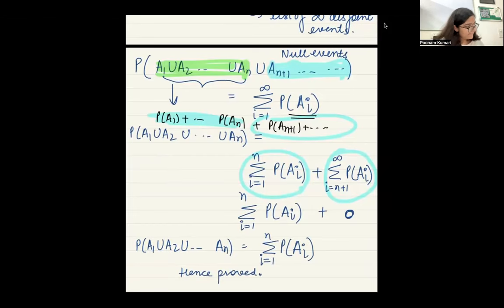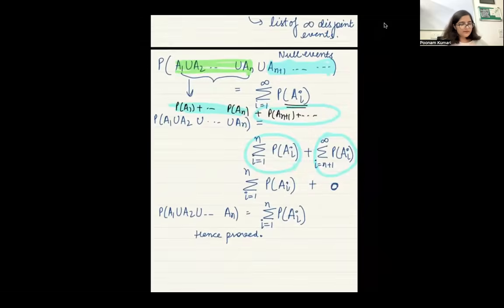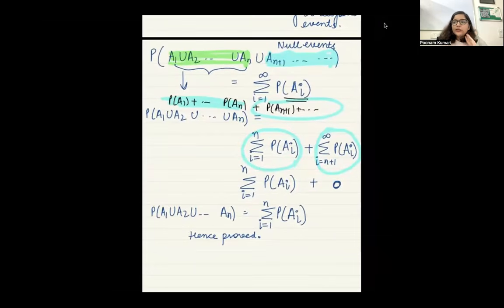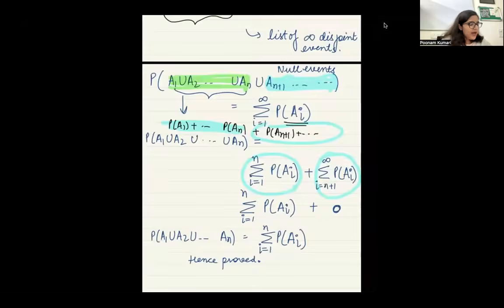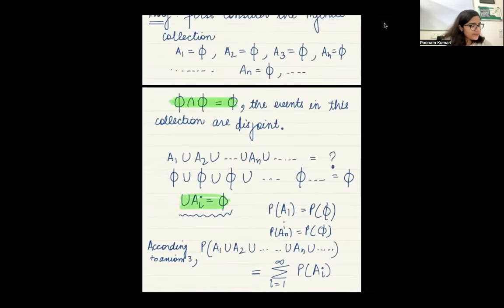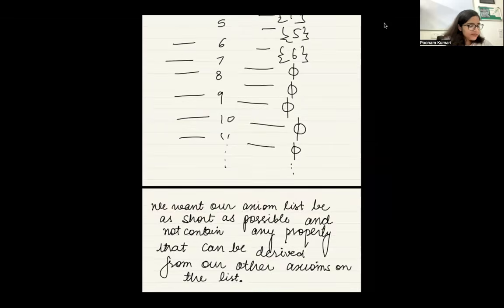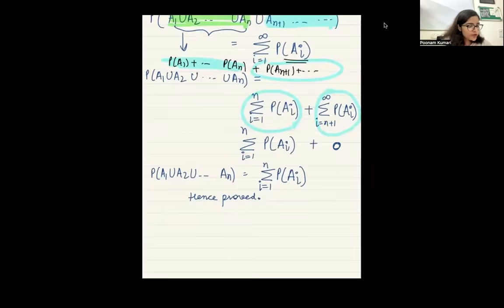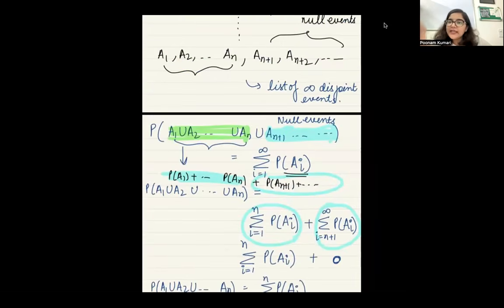Ma'am, is this applicable only in the case of null sets? I have to show that this particular axiom 3 is applicable for finite events also. So I will artificially create something so that I can apply axiom 3. Because I have to use axiom 3, I have to create my system such that it gives me this.